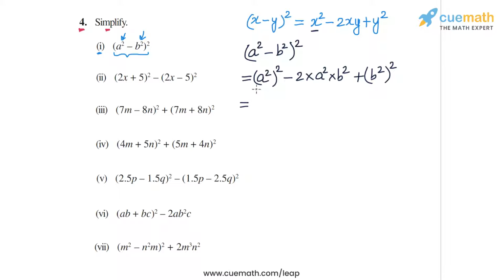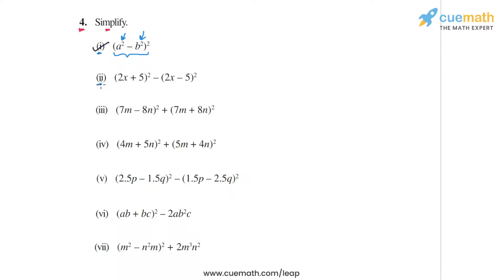Alright, now the square of a² is a⁴. Then we have −2 into a² into b², so that's −2a²b², and then we have the square of b², so that will be b⁴. So this is the simplified or expanded form of the expression in part 1. So this completes part 1.